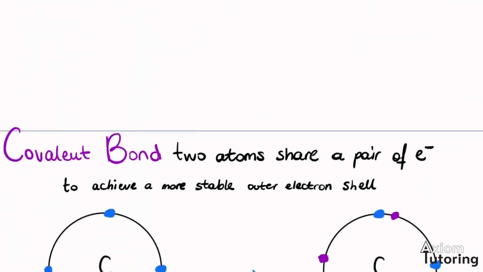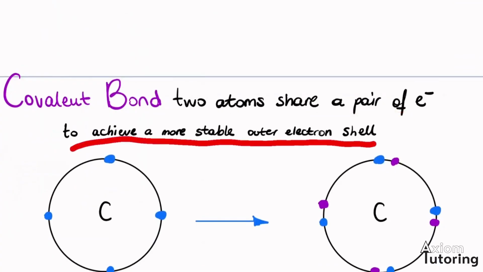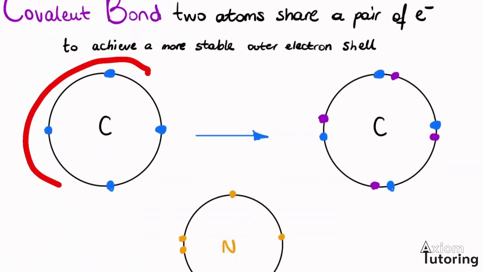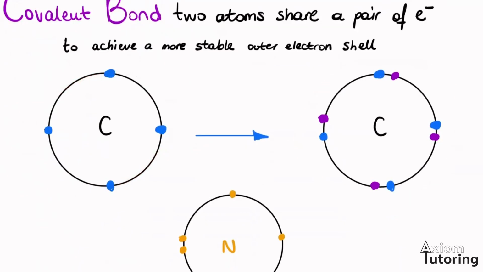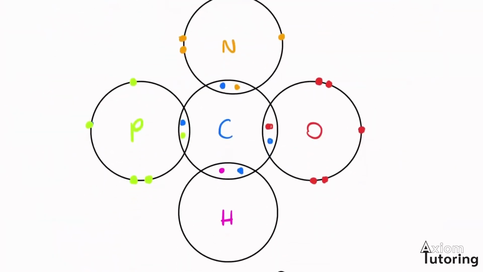Covalent bonds are 2 atoms sharing a pair of electrons to achieve a more stable outer electron shell. So, as we mentioned already, carbon has 4 electrons in its outer shell, and it wants to reach a total of 8 electrons in its outer shell. So the way that it does that is sharing electrons with other atoms, as we can see here.